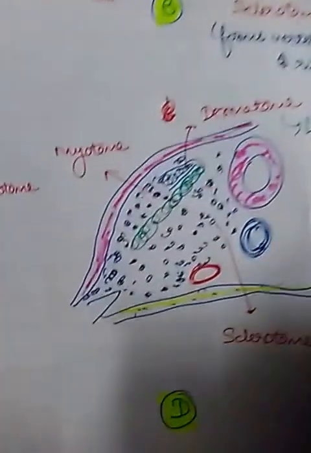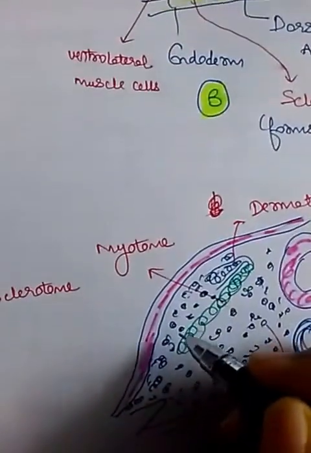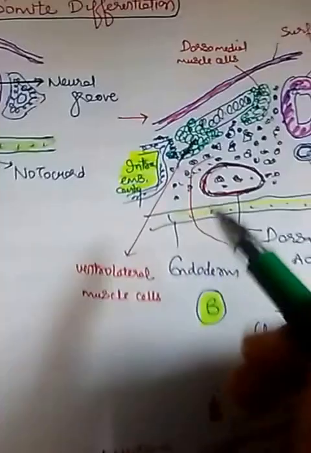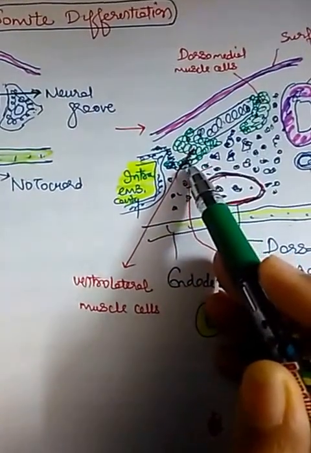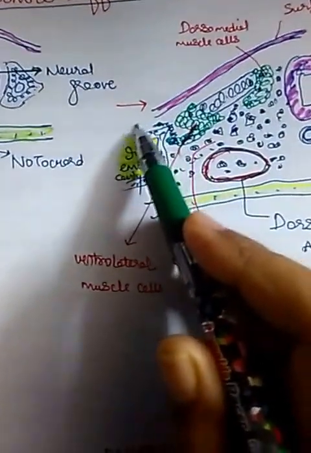One more thing is that the cells from the ventrolateral edge, from here, start migrating to the parietal mesoderm also.